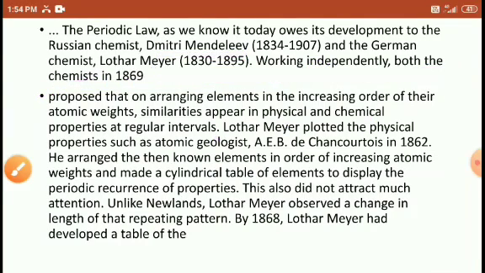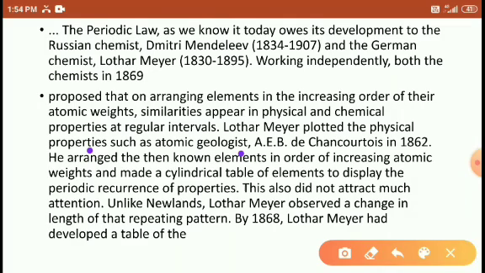Lothar Meyer plotted the physical properties. De Chancourtois arranged the elements in increasing atomic weight on a cylindrical table displaying periodic recurrence of properties, but this did not attract much attention, so they failed.